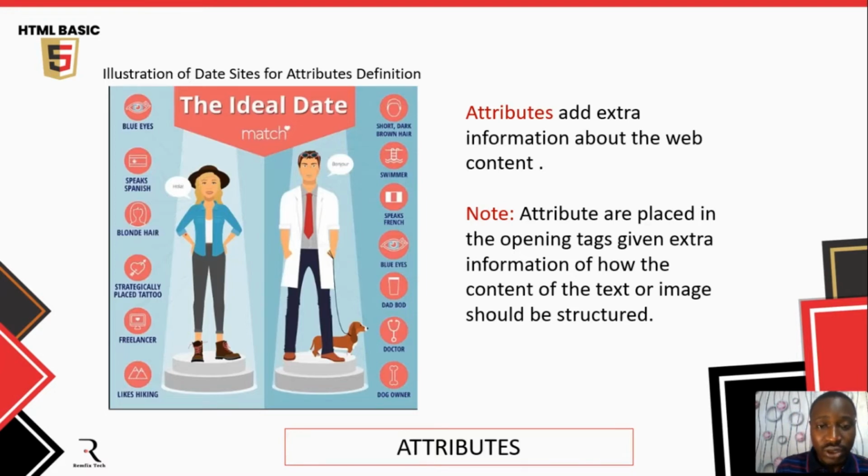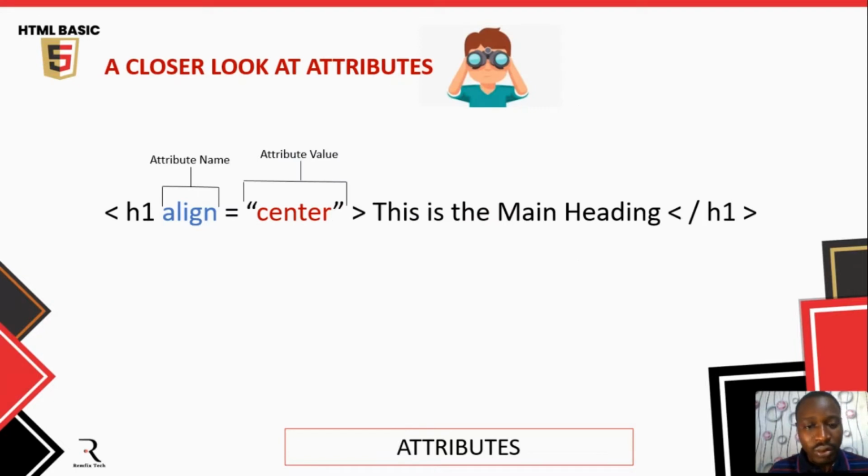So let's take a closer look at attributes now. If you observe from our previous example, I have this heading, say this is the main heading, and I have the opening tag and the closing tag, and I said attributes are placed in the opening tag. Now observe that attributes have two properties: the attribute name and the attribute value.